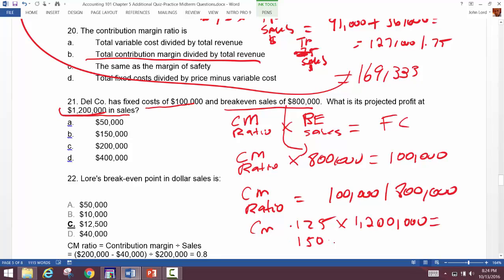Okay, so I got 150,000, but they want the profit, don't they? So I got to take off my fixed cost, right? Hello? I got to take out the fixed cost, don't I, to get my new profit at sales of 1.2 million? 50,000 is the profit?